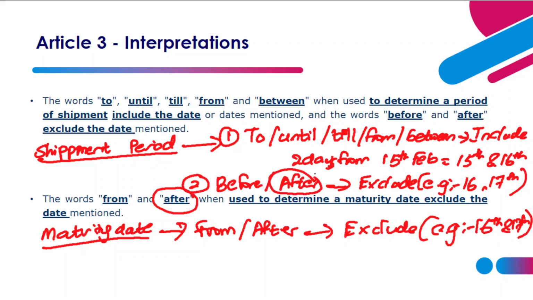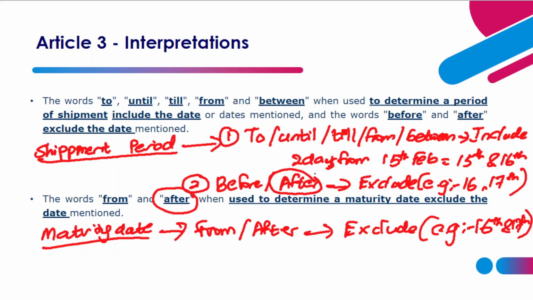to exclude the date. So irrespective of whether it's a shipping related document or a maturity related document, remember if the word after is used alone, single-handedly, then the date mentioned is disregarded.